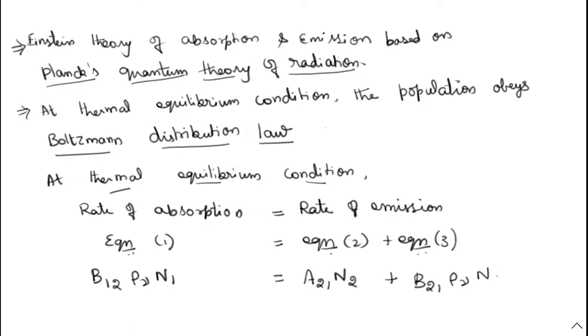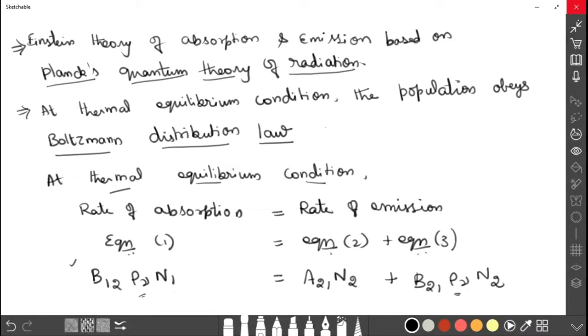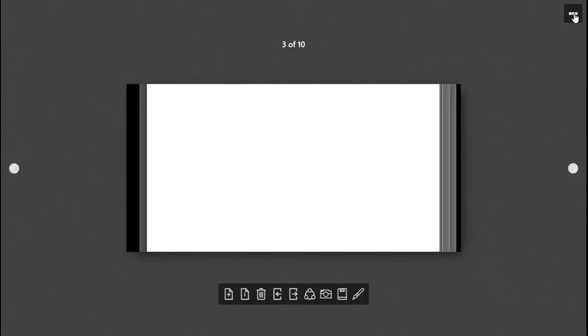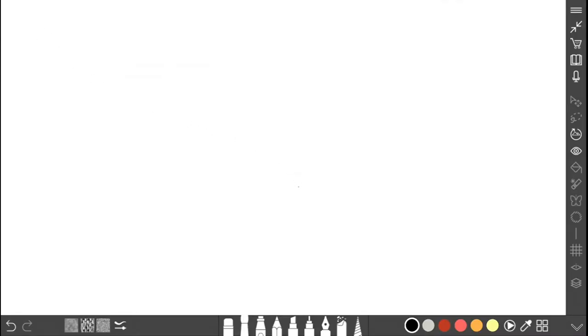Now you see, this is the left hand side and this is the right hand side. In terms 1 and 3 we have the rho nu. So now I am going to take this term also to this side. Let me write in the next page. So what I am writing now: B12 rho nu N1 minus B21 rho nu N2, which is equal to A21 N2.